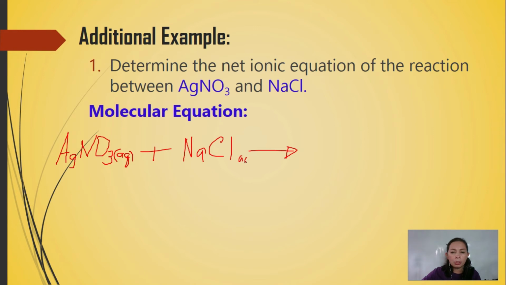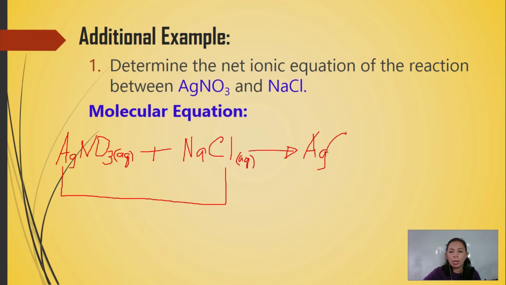So also AQ. In the double displacement reaction, as I told you a while ago, the positive ion of the first compound will be paired with the negative ion, forming silver chloride. Silver has an oxidation number of positive 1.